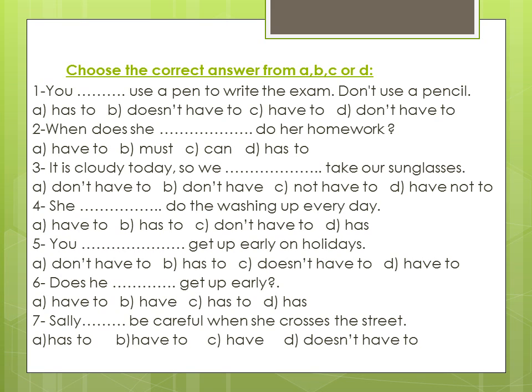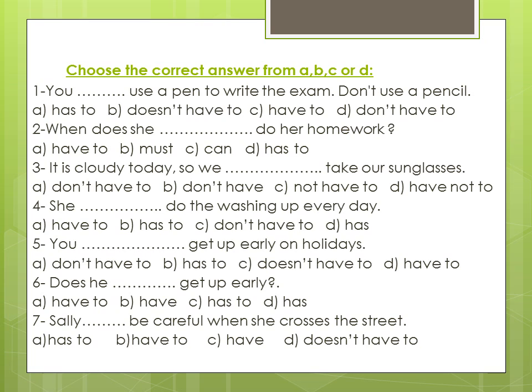And here we have an exercise. Choose the correct answer from A, B, C or D. Number 1. You space use a pen to write the exam. Don't use a pencil. Think about the answer. 2.